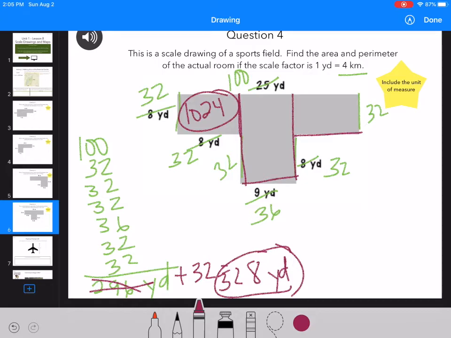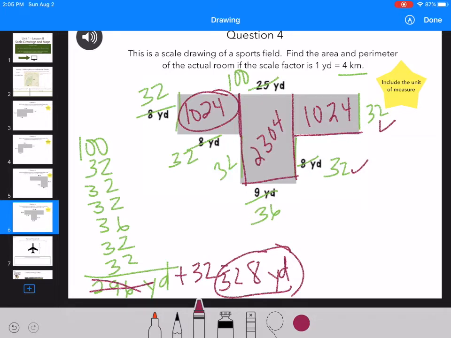Okay, so I'm going to come back over here. So this is also going to be 1,024. And now I'm going to do my rectangle in the middle. So that's going to be 36 by 64 because 32 plus 32 is 64. So 36 times 64 is going to be 2,304.